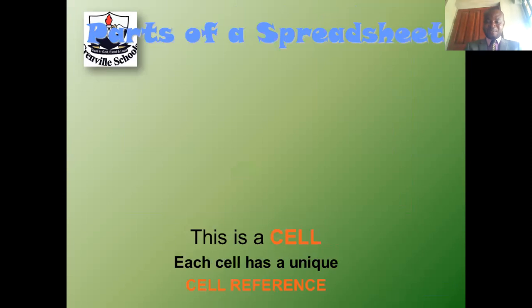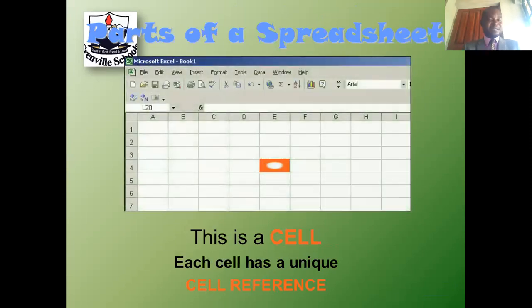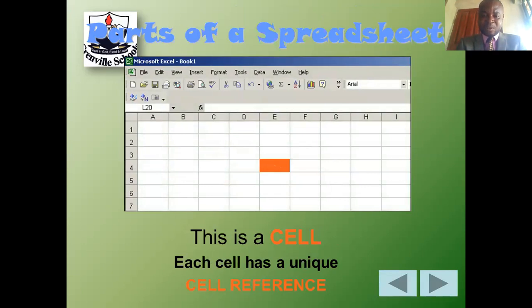Then, of course, we have a cell. Cell is the little square you see on your screen. It is the point of intersection between a column and a row.